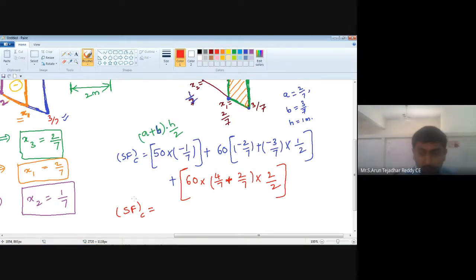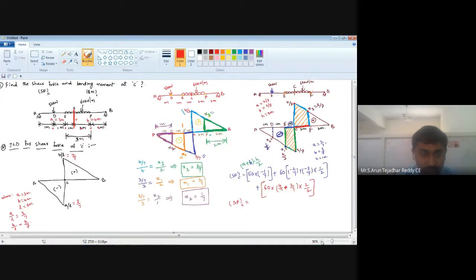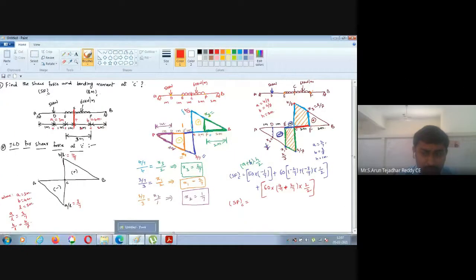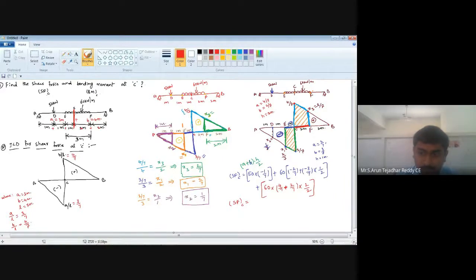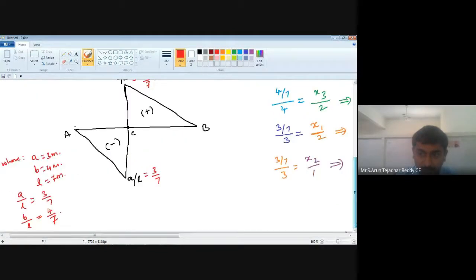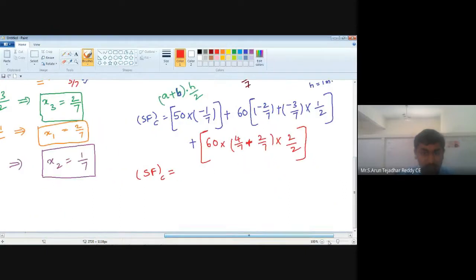All of you calculate. After that, or else I'll tell you later. I'll write my value directly, no problem. Here the shear force at C is equal to 29.46 kilonewton.